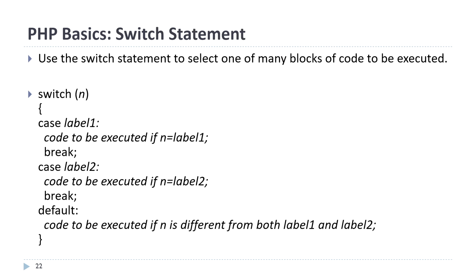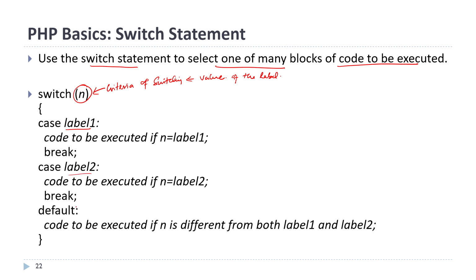So, what is a switch statement? The switch statement is used when you have to select one of many blocks of code to be executed. When you have multiple blocks of code and you have to select only one. So, you give a switch n, this is the criteria of switching. This is the value of the label.